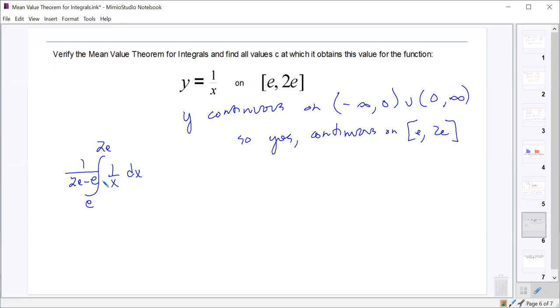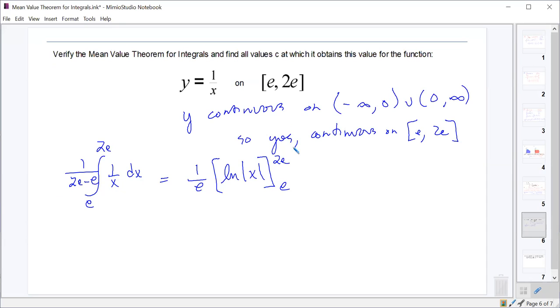What's 2e minus e? e, so 1 over e. And what's the integral of 1 over x? Natural log of the absolute value of x, from e to 2e.